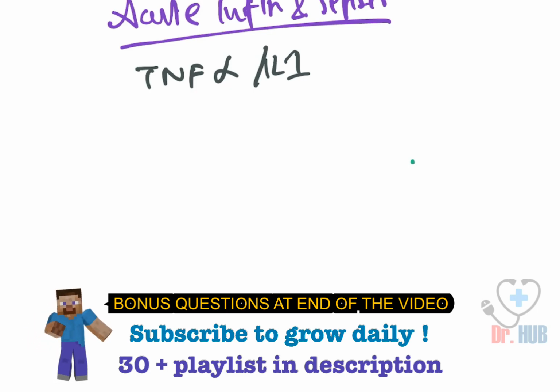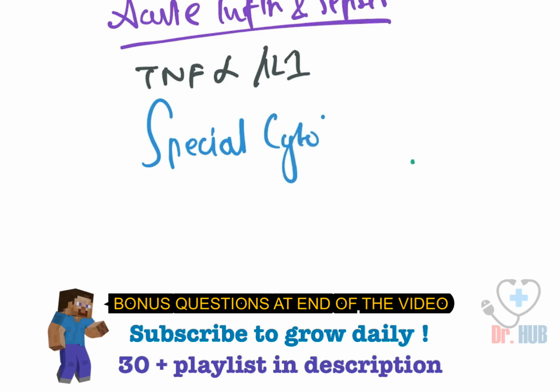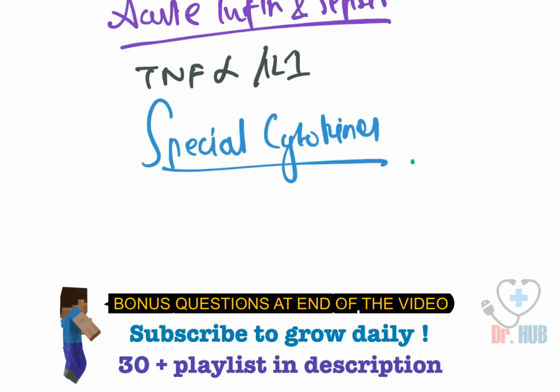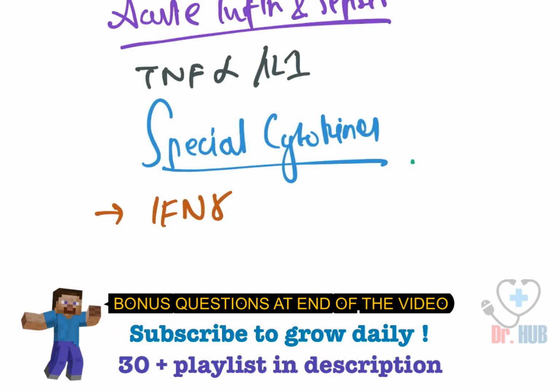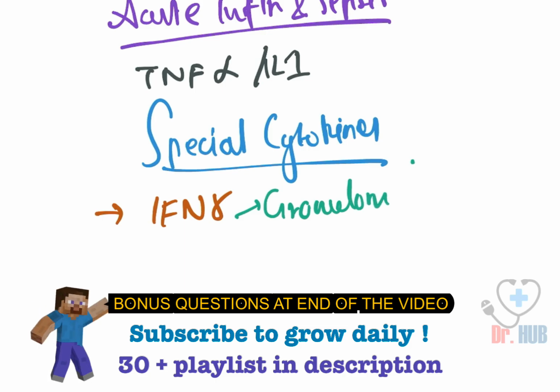Then we move on to the special cytokines. Under the special cytokines, there is IFN gamma. IFN gamma involves granuloma formation.